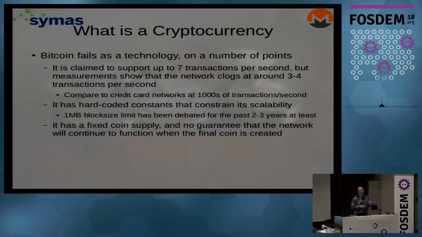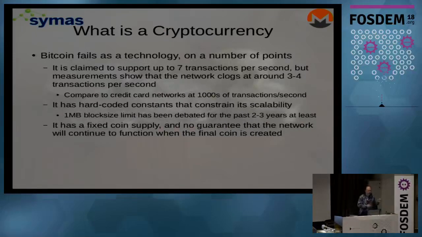Now, the reality, if you watch all the transaction history, is that it has never gone faster than 3 or 4 transactions per second, okay? And the people behind Bitcoin who are pushing this as the currency of the future kind of miss the fact that, for example, the Visa network processes thousands of transactions per second, 24 hours a day, 7 days a week.